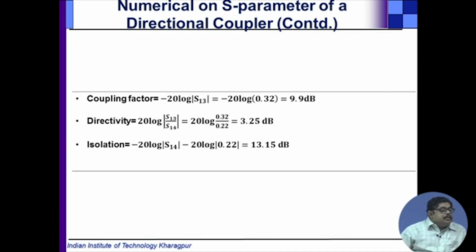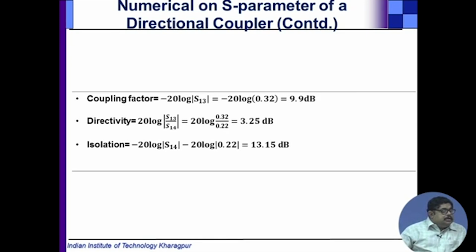Directivity is 20 log S13 by S14. So, it is 3.25 dB. Isolation: as you can verify, in dB scale I is equal to D plus C. So, D is 3.25, C is 9.9, so their sum is 13.15 and that is equal to I.